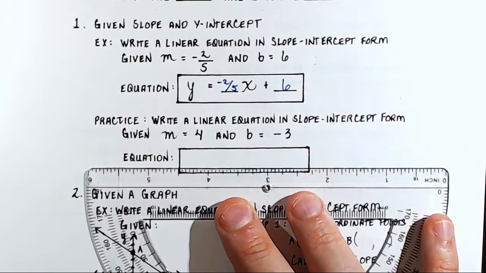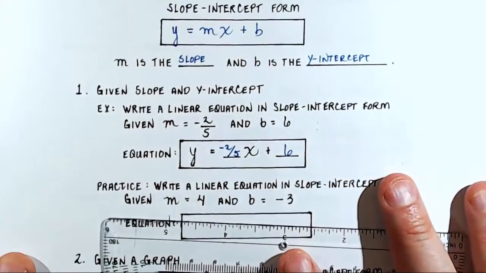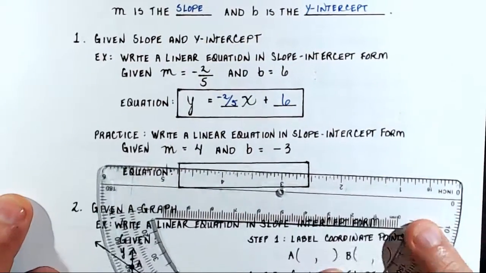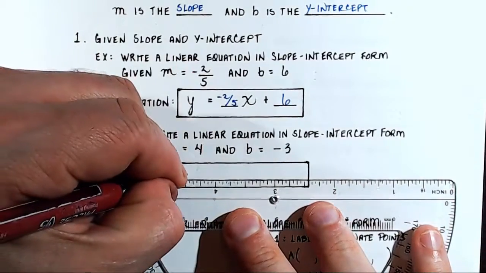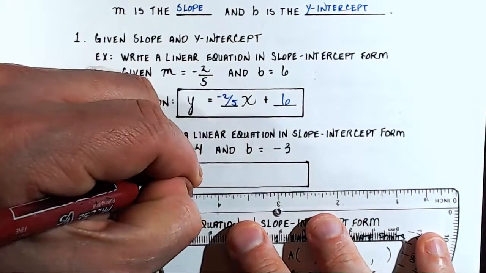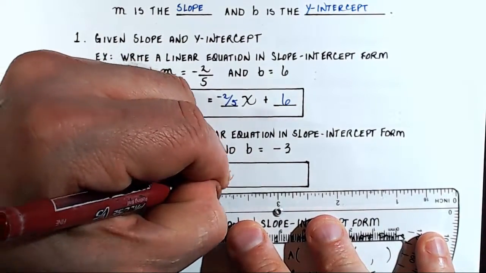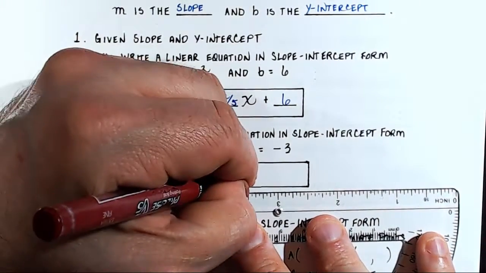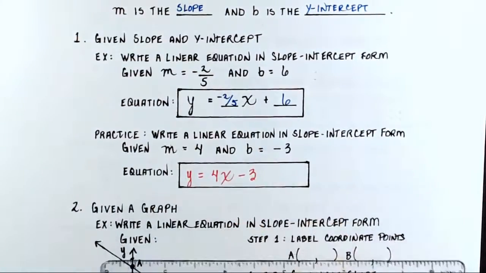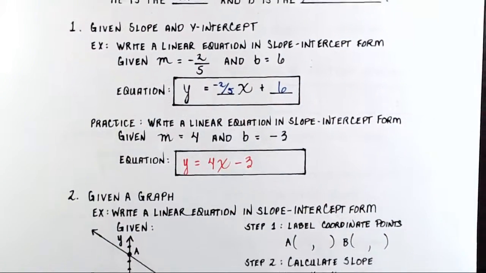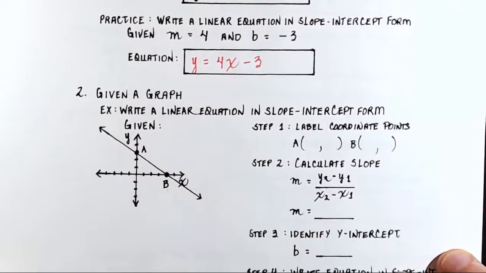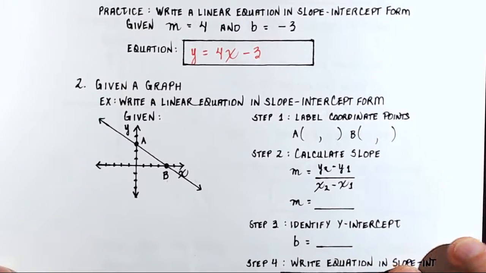So if y equals mx plus b, then for this one, y equals 4x minus 3. And that is the equation in slope-intercept form, given the slope and the y-intercept.